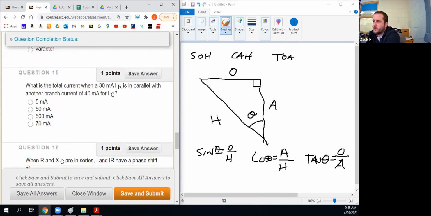What is the total current when 30 milliamps of resistive current is in parallel with another branch of current of 40 milliamps of capacitive current? 50 milliamps.